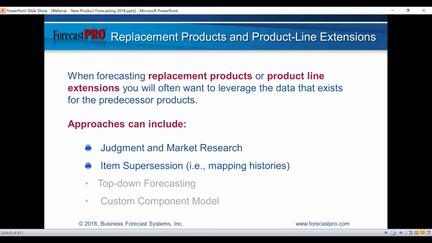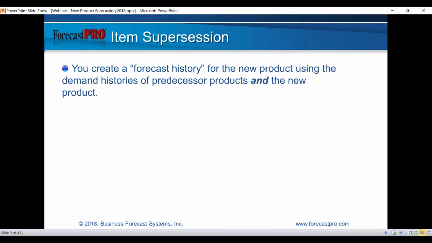So let's talk about item supersession. Item supersession is a very simple idea, straightforward, and I suspect that many of you will find it very useful when you're dealing with forecasting replacement products and product line extensions. It's also known as mapping data histories, and I think it will be explained very shortly why that's known as that.